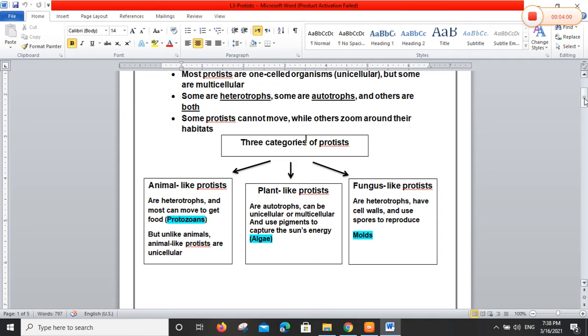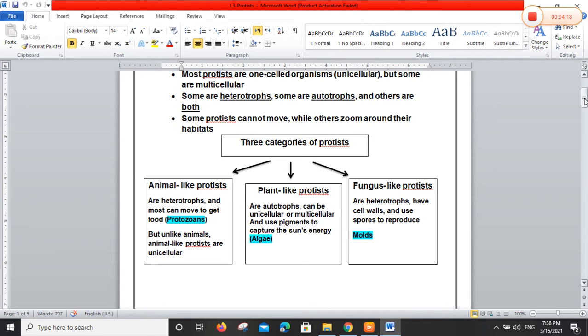Plant-like protists equal algae. So the main phylum, or main group, in plant-like protists is algae. Some algae are unicellular and some are multicellular.